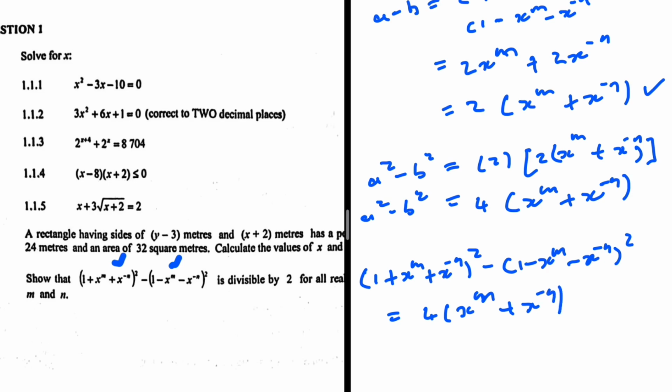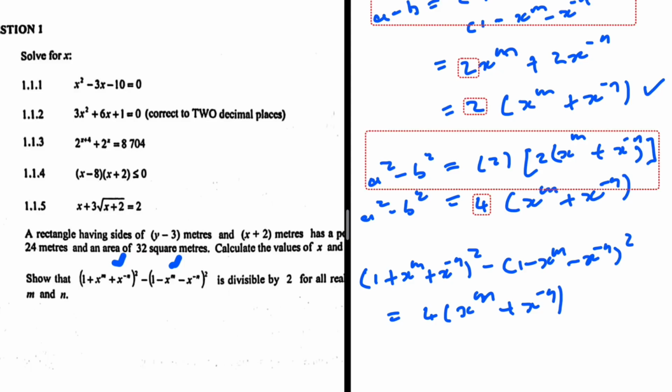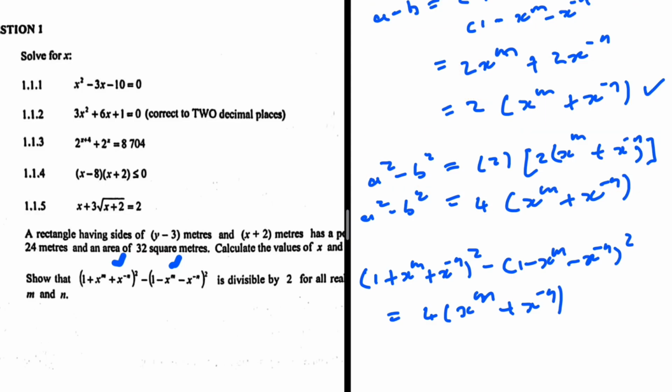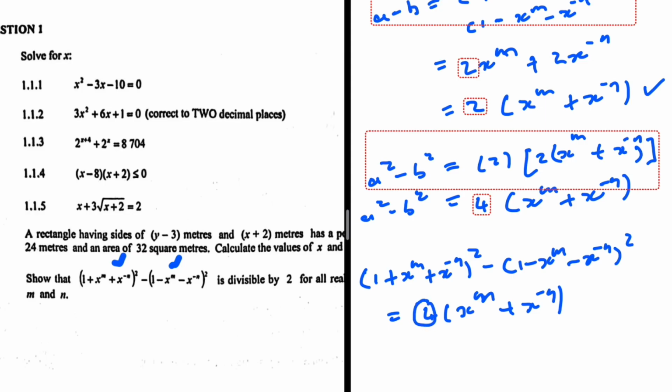So clearly it is going to be divisible by 2. Why is it divisible by 2? It's divisible by 2 because 4 is divisible by 2. So whatever we get here, the presence of 4 will ensure that it is always divisible by 2, given that m and n are real numbers.